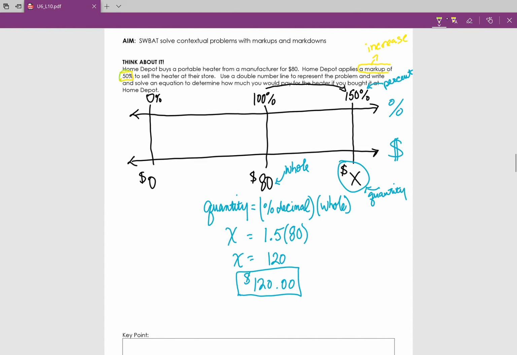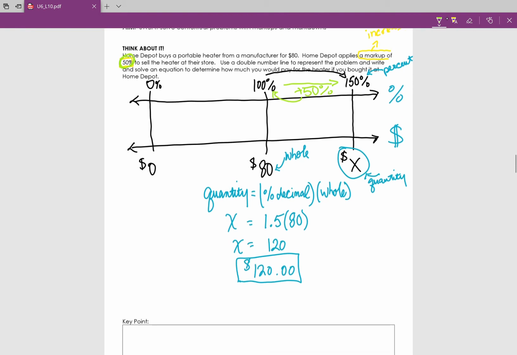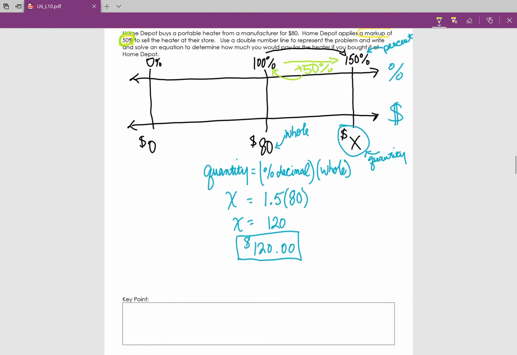What did we do with this 50%? Did we straight up multiply it times something? No, we had to add the 50% to our whole, or our 100. So this actually represents a percent change.